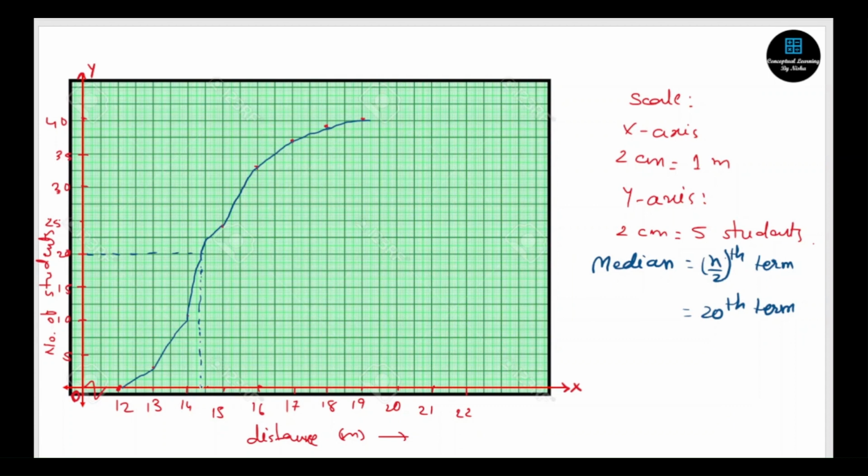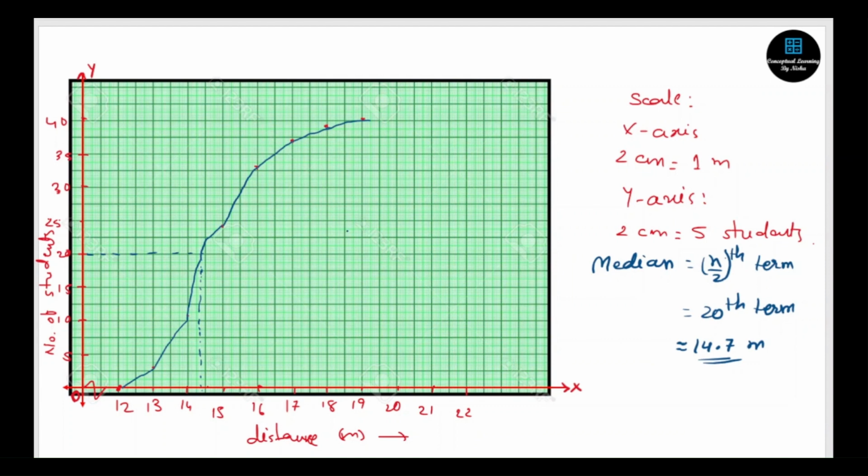So you'll get approximately 14.7. So the median is 14.7 meter. Because it is a distance, you can say meter, approximately.